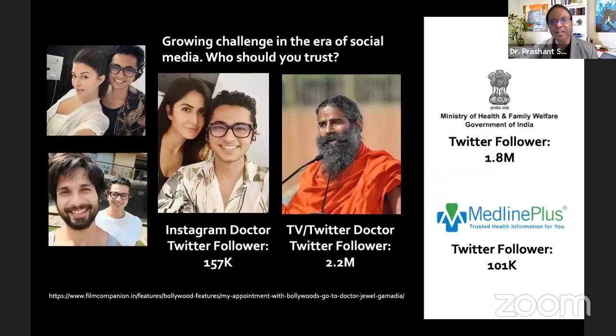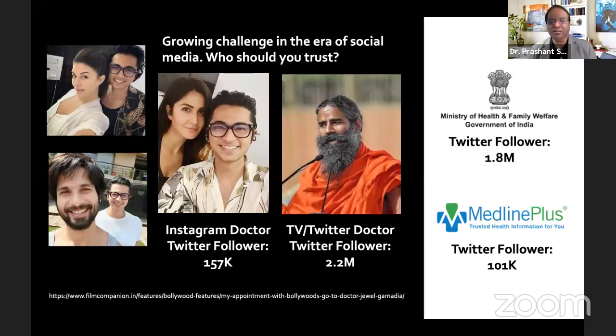The majority of his clients are Bollywood celebrities, and he posts their pictures on Instagram. He has a Twitter following of more than 157,000 people. And Medline Plus, which is a best resource for finding medical information, has only a Twitter following of 100,000 people, or 1 lakh people.